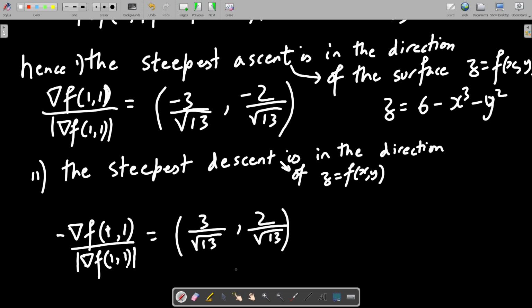So the steepest descent is in the direction (3 by root 13, 2 by root 13).